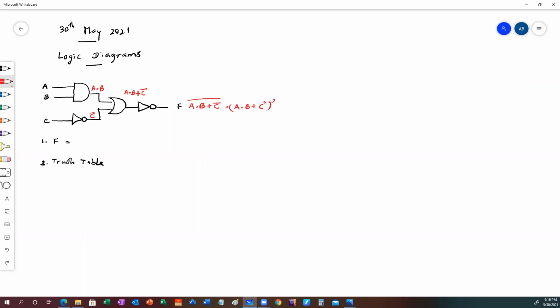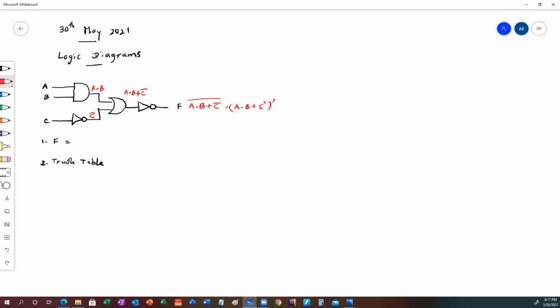Did you get the same? Right, okay. Let's draw the truth table. Have you done the truth table? Not yet, sir. Right, okay.